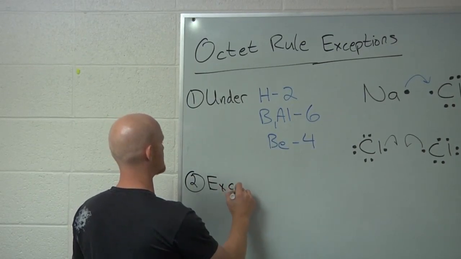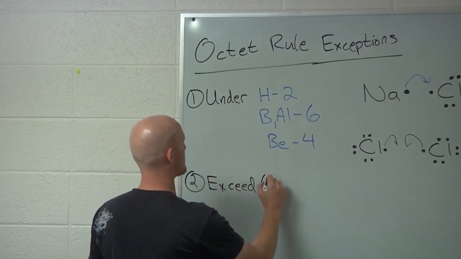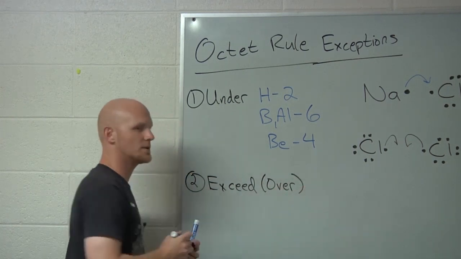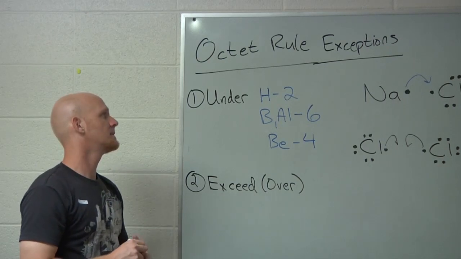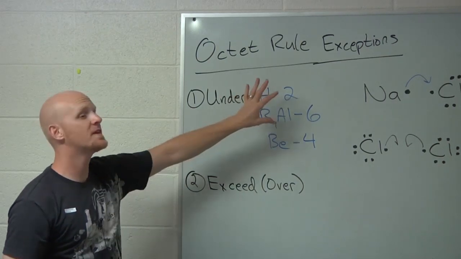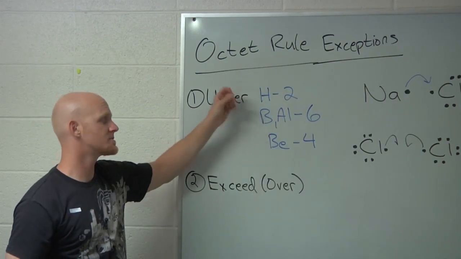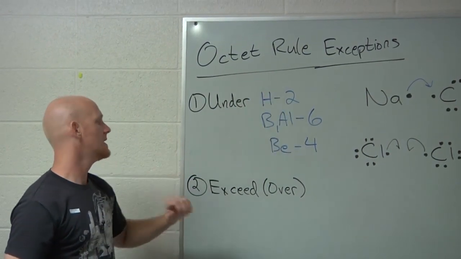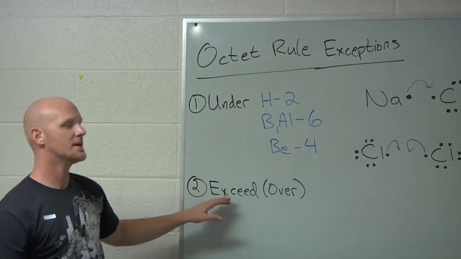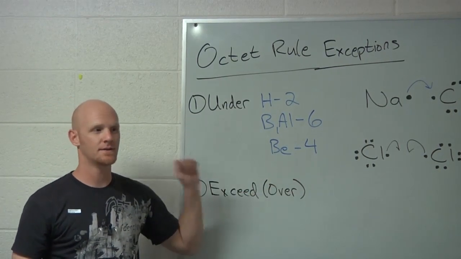Then you've got elements that can exceed or go over the octet rule. The first rule, for those that went under, is what they normally do. Hydrogen, boron, aluminum, beryllium, they normally don't obey the octet rule. But rule number 2 is a little bit different. These are the ones that can go over the octet.